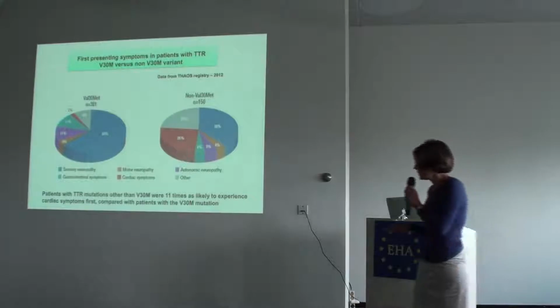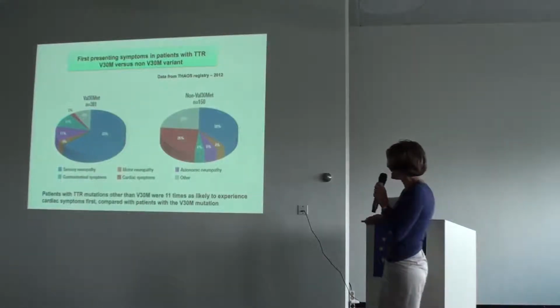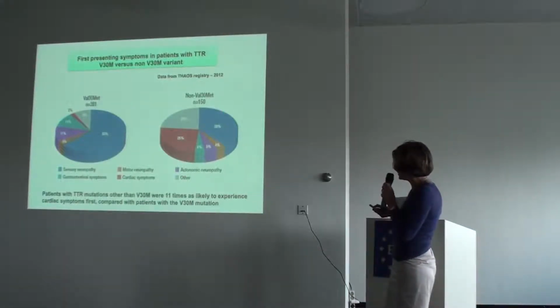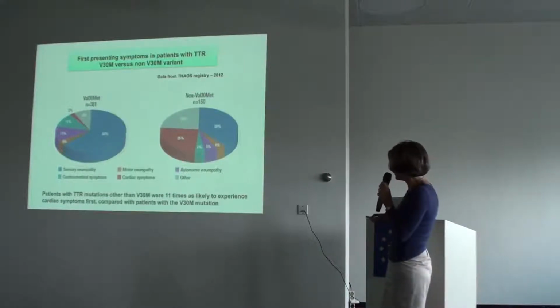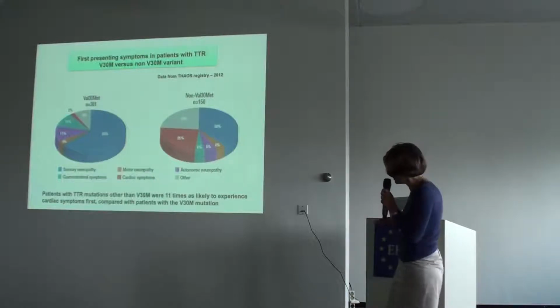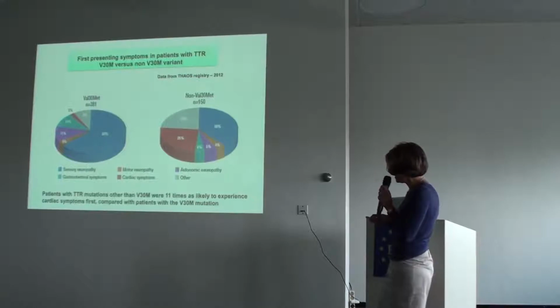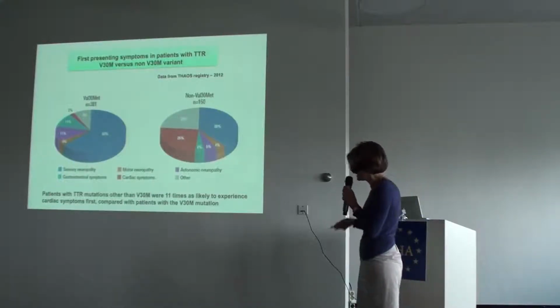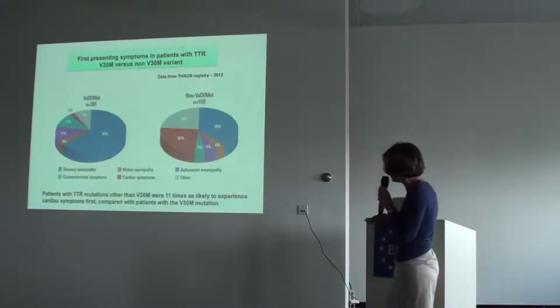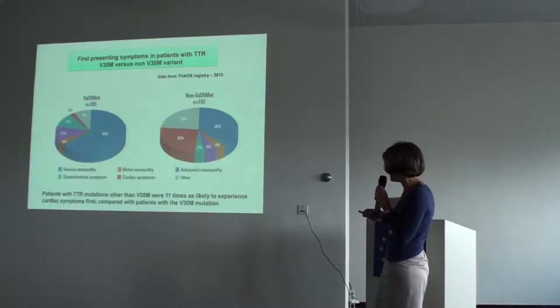Thanks to a large database, THAOS, which has been held since 2008, we now have an important collection of clinical data on these patients. This database includes more than 2,000 patients, so it's really important to increase knowledge on clinical expression and treatment of this disease, and treatment effect.